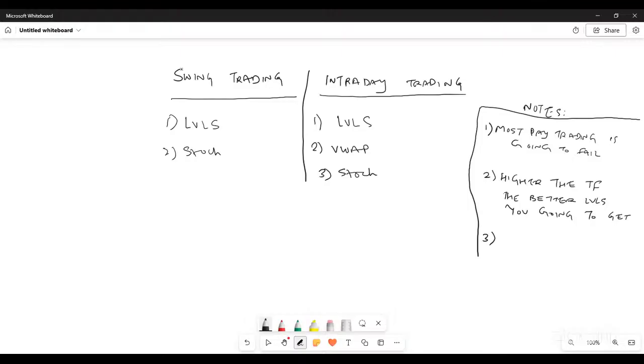So yeah, intraday trading, I do have VWAP. Why VWAP? Like the name says, it's a volume weighted average price. Remember what I said just a few minutes ago? All indicators, their main two components are volume and price. Now, this VWAP combines both of them.